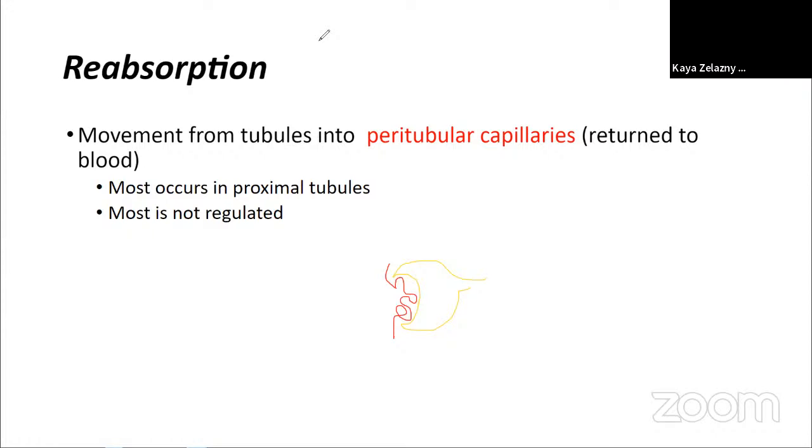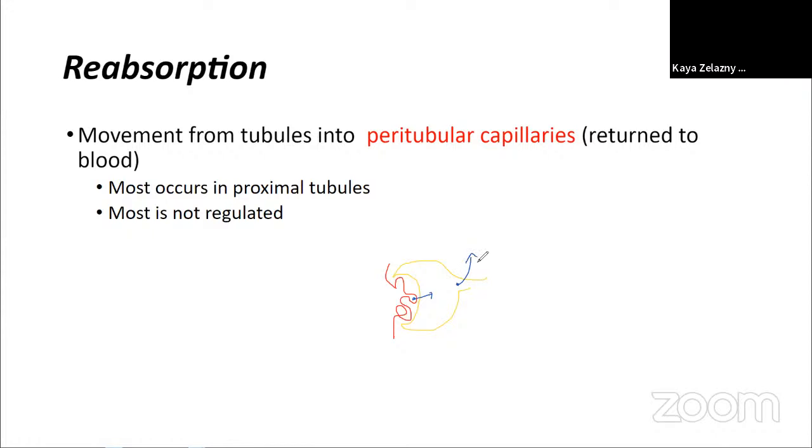So reabsorption means we're thinking about fluid that has already been filtered, right? Like it's already moved from the glomerulus into the nephron. So that already happened, filtration. Now reabsorption means we're moving from the tubules, from that filtrate, back into the bloodstream.